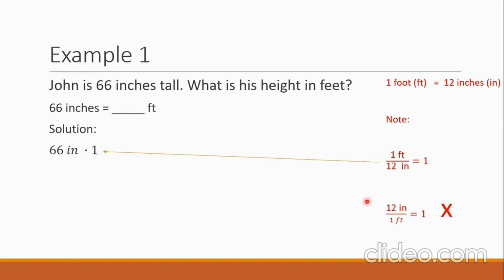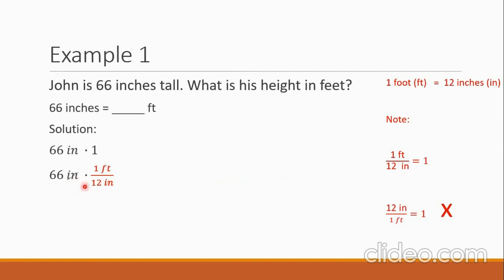We will not use this formula because if we use this and multiply to the 66 inches, the inches unit will not go away. So the first formula is used. We substituted here. See what will happen, that we can cancel the inches and the inches unit.